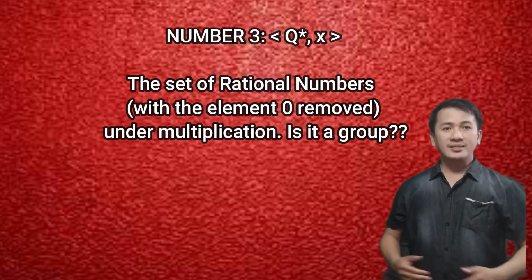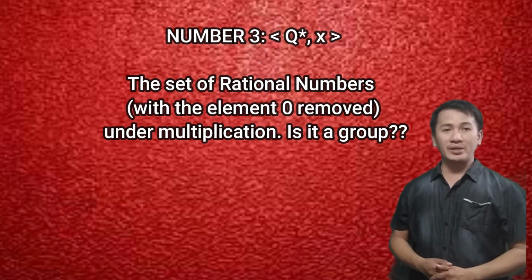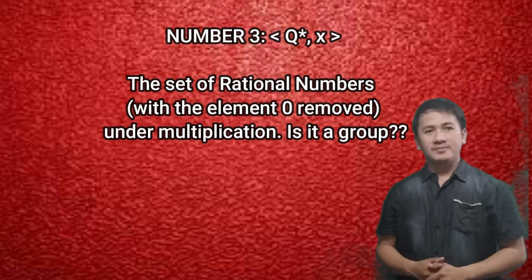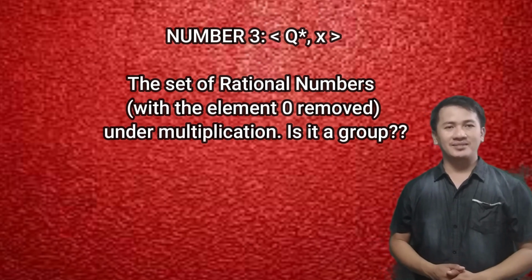Number 3. The set of rational numbers with the element 0 removed under multiplication. Is it a group? The correct answer is yes.